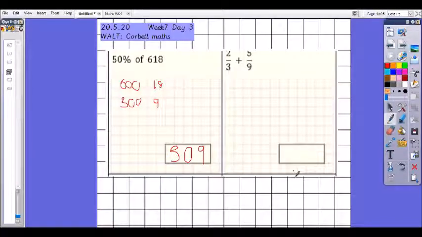Next, we have got to add 2/3 and 5/9. When adding fractions, if the denominator is the same, you keep that the same and just add the numerators. However, because we have different denominators, what we need to do is find a common denominator.